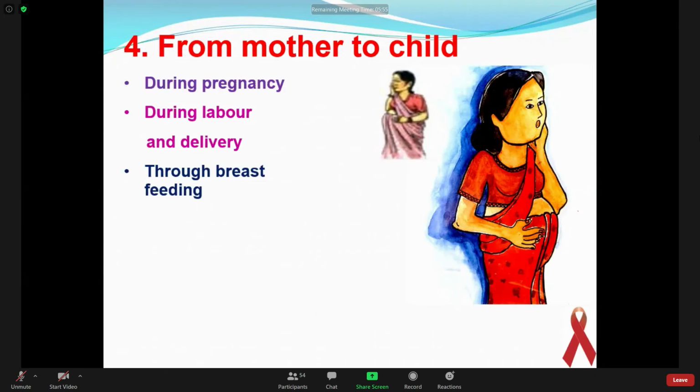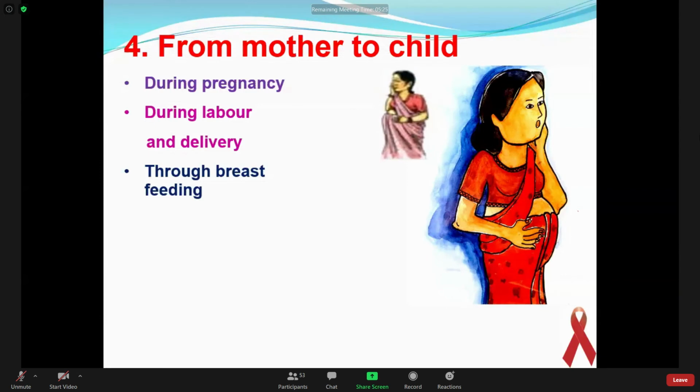And if the mother is using antiretroviral therapy, ART, and has a cesarean section delivery, then the chance of transmission is around 1% or less.